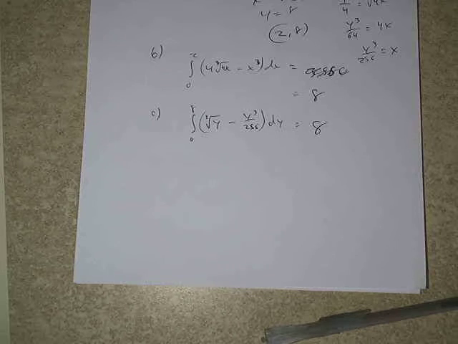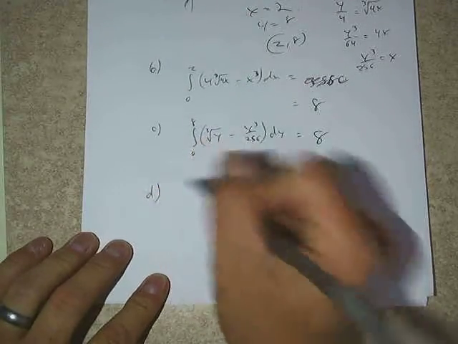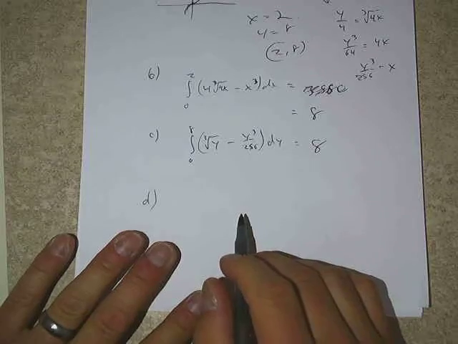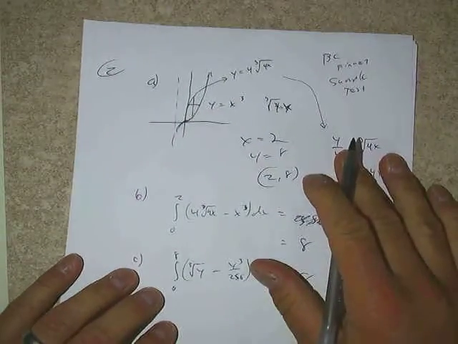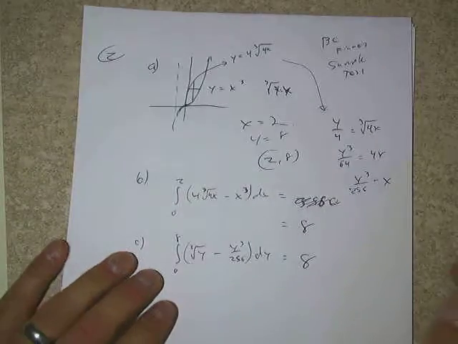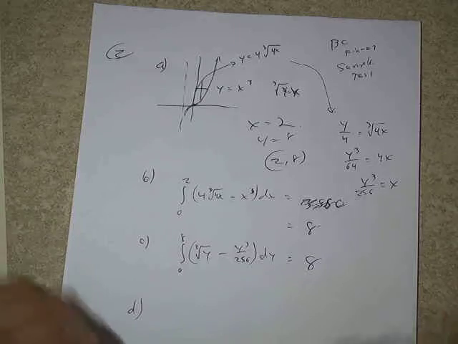Okay. Last part then asks us to, without using absolute values, write an integral expression that gives the volume of the solid generated by revolving the shaded region about the line x equals -1, and it says do not evaluate. So we want to revolve this around the line x equals -1, which ultimately is over here in our picture.